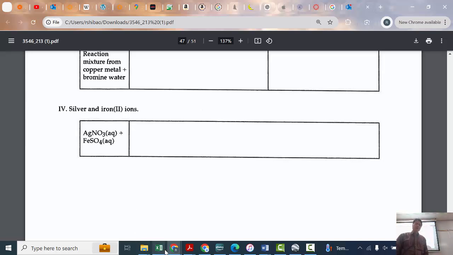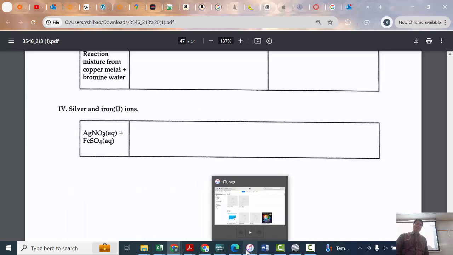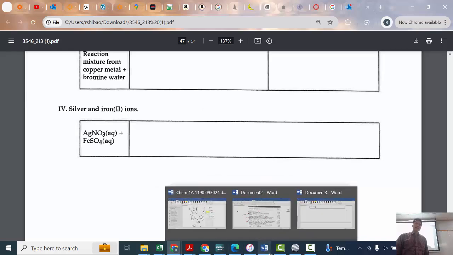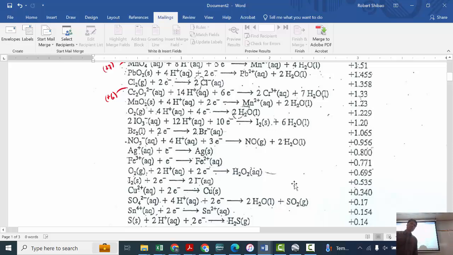And so let's take a look at the redox reaction from this experiment. So we have silver ions here. We have sulfate here.